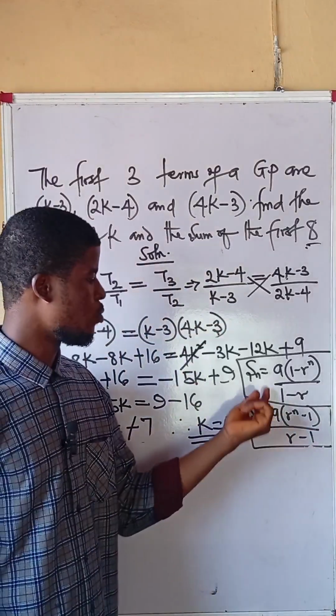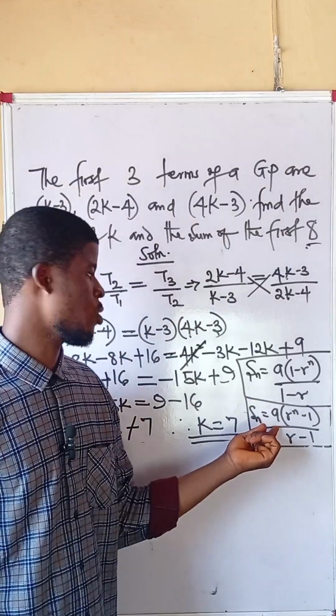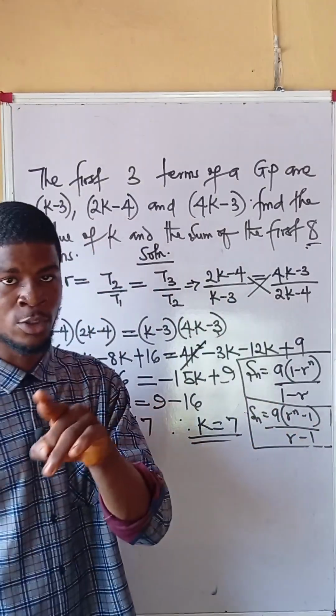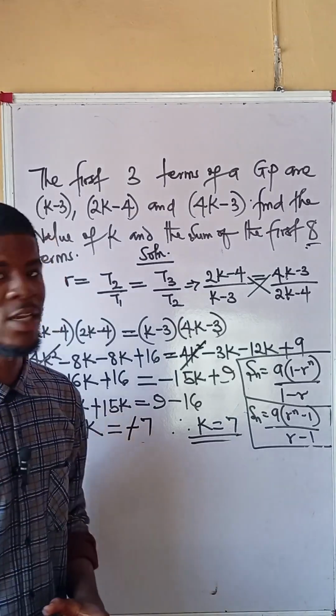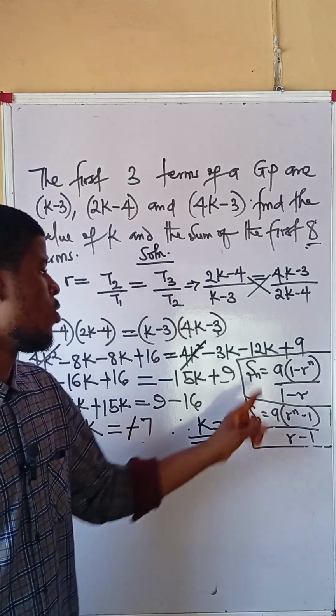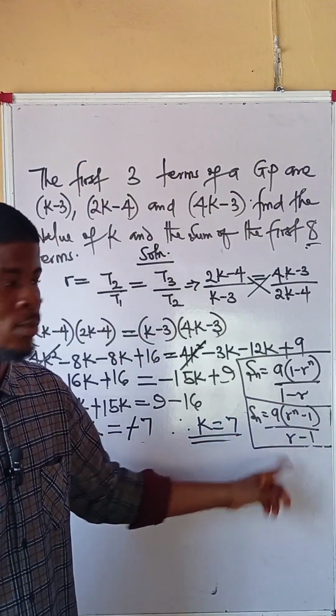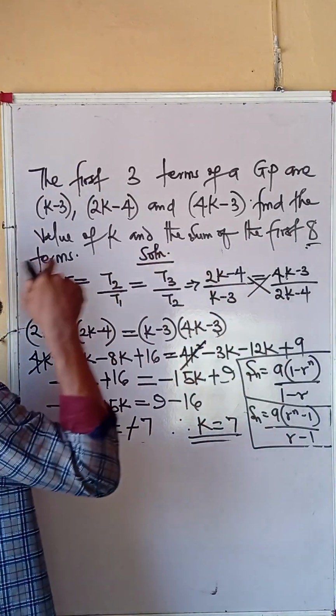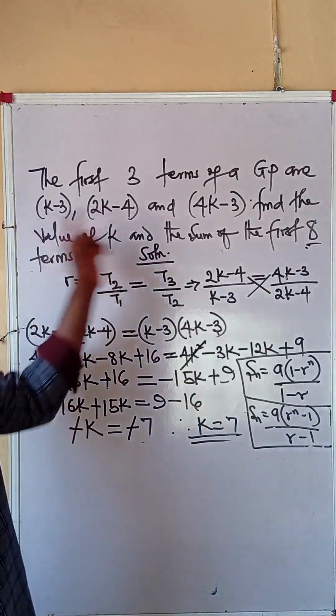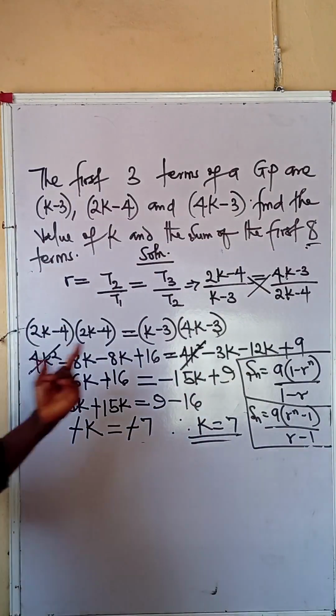Which one we use depends on the value of the common ratio. If the common ratio is smaller than 1, we use the first one. If it is bigger than 1, we use the second one. So first of all, let me determine the common ratio for this sequence.